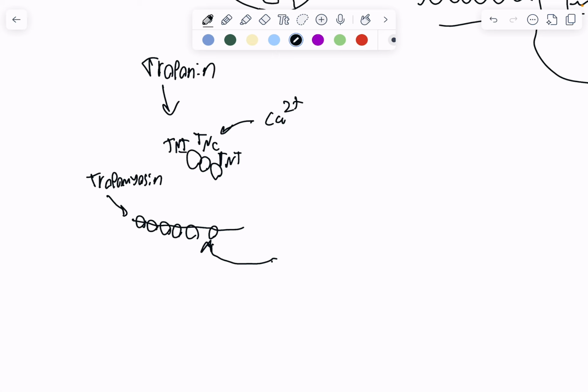In order to release the myosin head, ATP needs to bind and hydrolyze in order to release that, and that will recock, reload, and reset the contraction, and that's how force is generated in this actin myosin cross bridge formation.